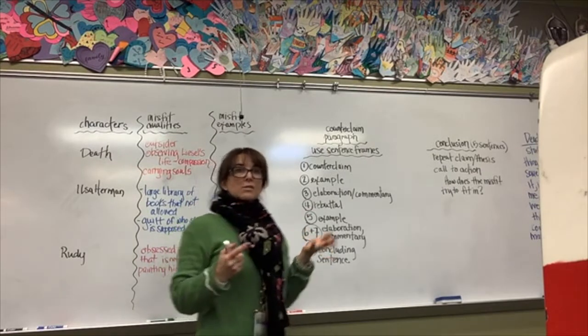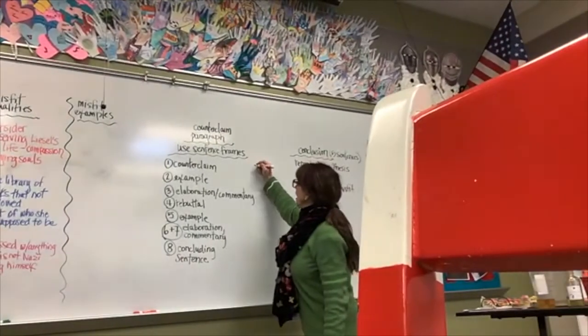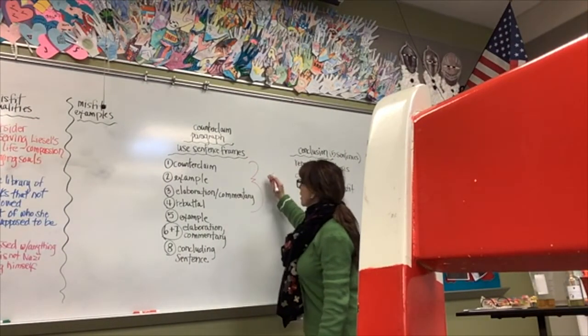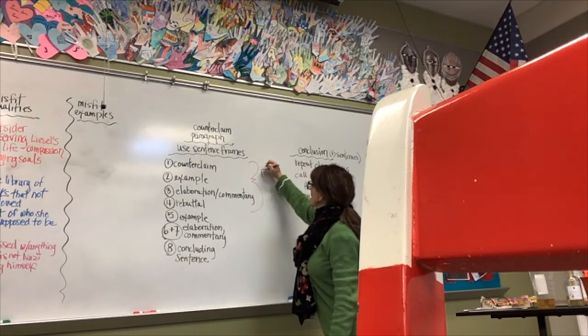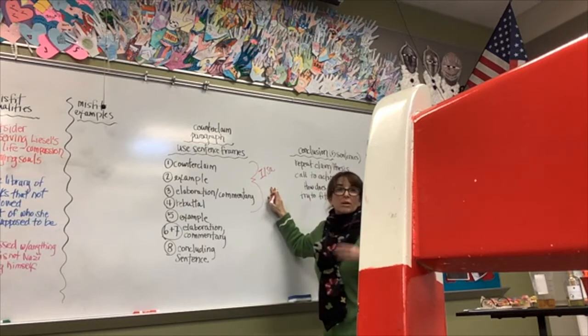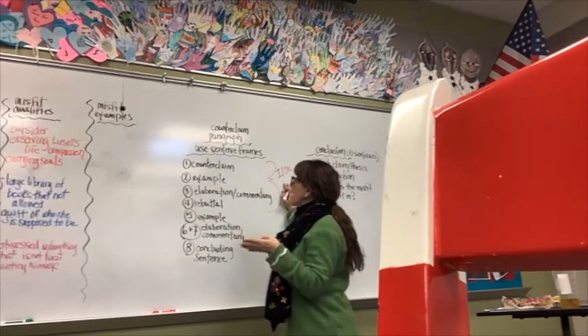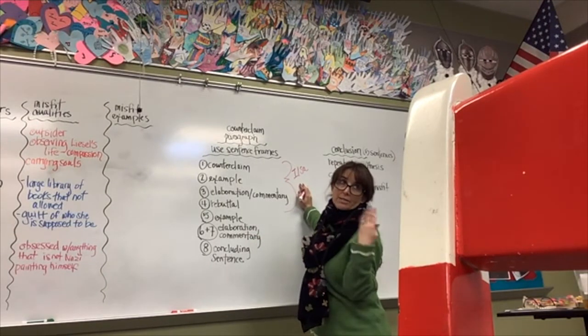So if Death is our character, what we may do is say, but you know what, Ilsa is a bigger misfit. So that would mean sentence 1, 2, and 3, they would talk about Ilsa and how she is a bigger misfit than Death because she never gets out of the house, because she has such guilt.